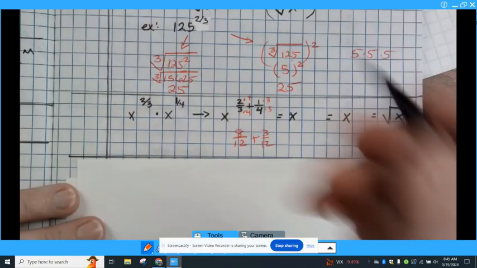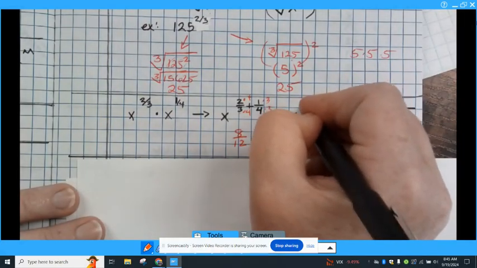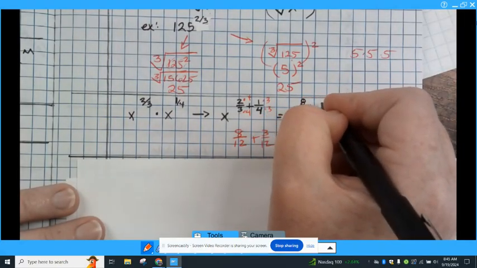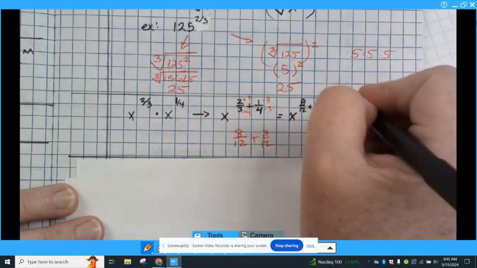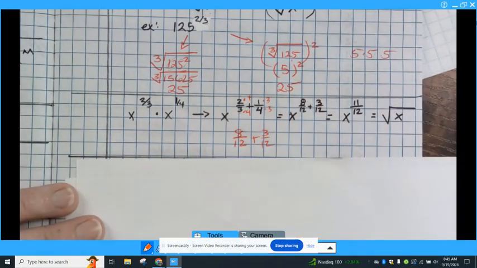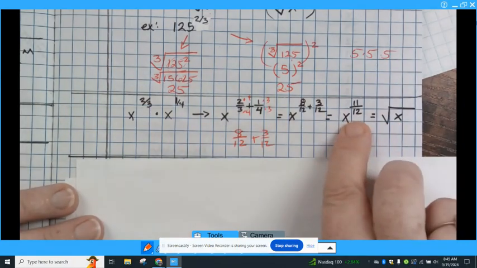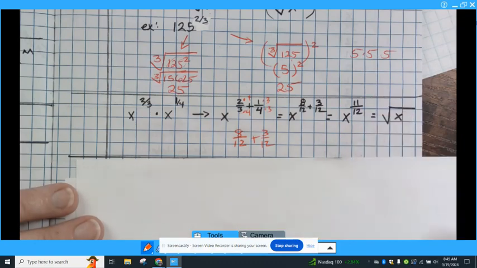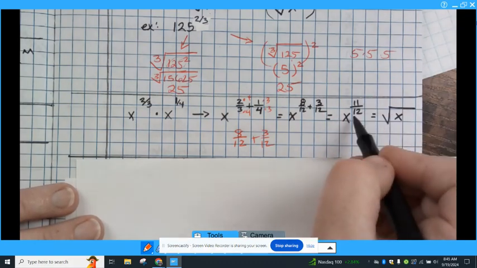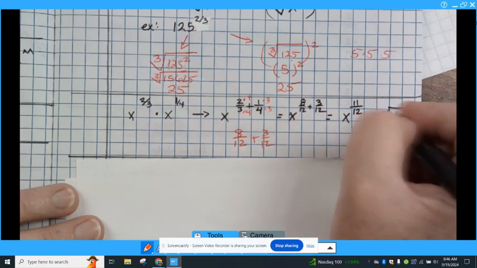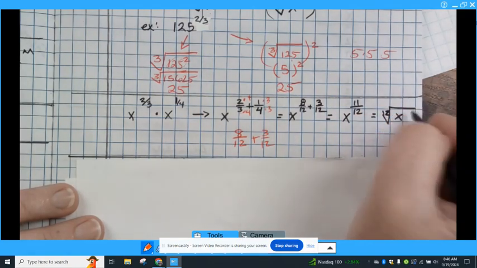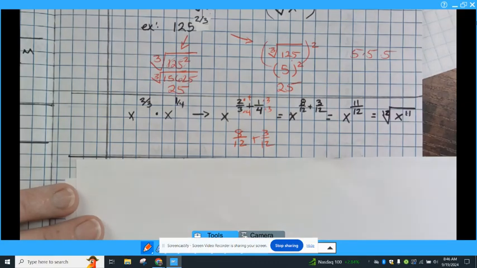So this problem has now turned to 8/12 plus 3/12, which is 8 plus 3, 11/12. Now, this answer is totally fine, but every once in a while I may ask you to put it in radical form. If I ask for radical form, your denominator is your root. So this is the 12th root of x to the 11, and you can either put the 11 here or outside. It doesn't matter.